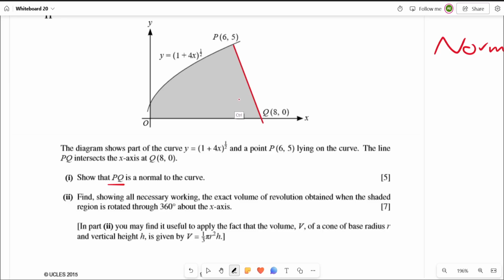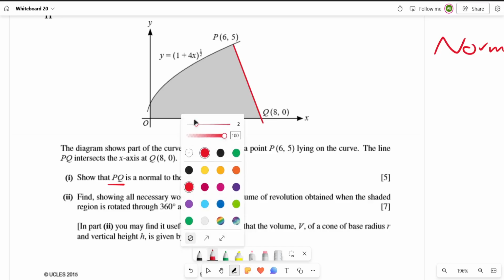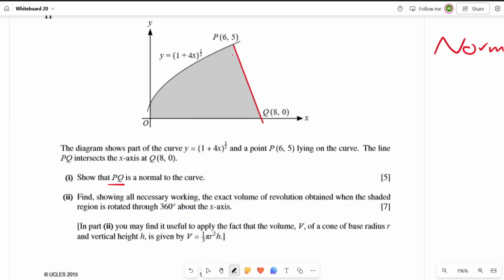Whenever we talk about curves at points, we don't really take the curve into consideration. However, we always talk about the tangent to the curve at the point we're interested in. The point we're interested in is point P because this is the point of intersection between the line and the curve.